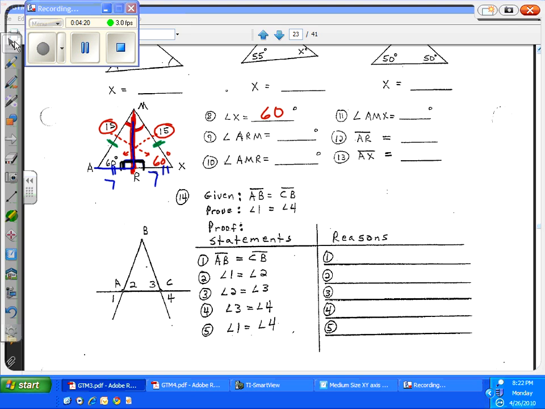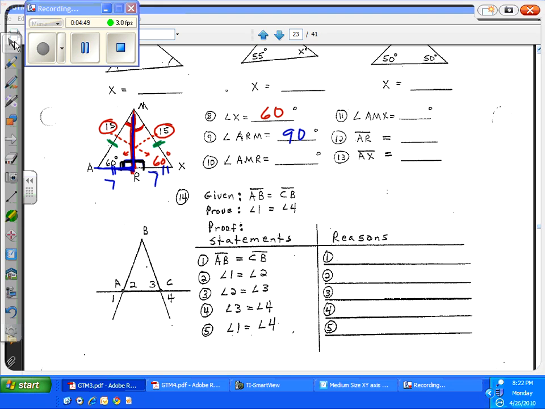Angle ARM is 90 degrees because it's perpendicular, and it's perpendicular, we know, because of the isosceles triangle theorem. And with that, we can answer a lot of the questions in sections 8 through 13 of questions. Any questions there? Okay.